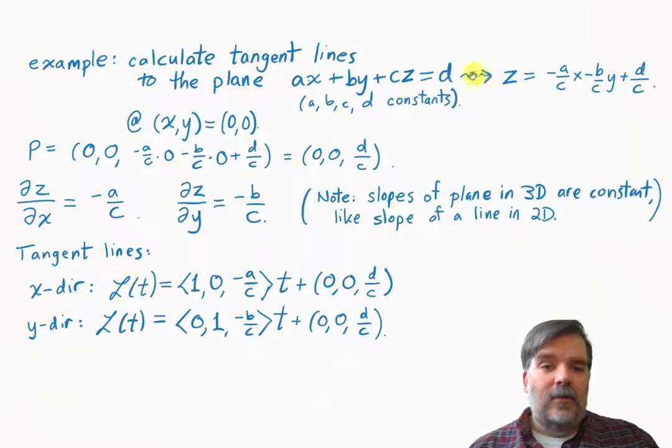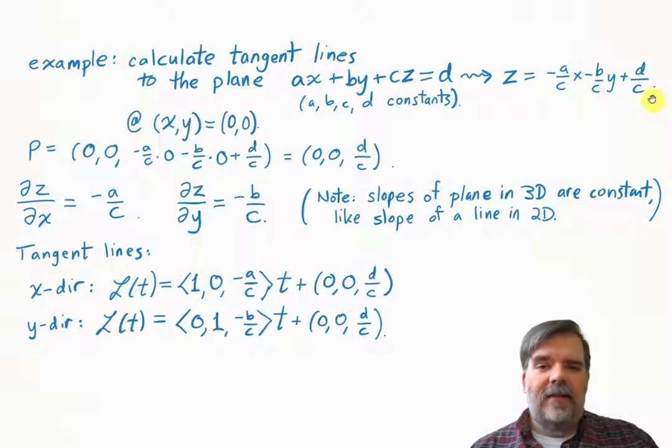Now the first step is to rewrite this expression so it looks like a function, z as a function of x and y. So we need to move the ax and the by terms from the left to the right-hand side. They become negative. And then we divide everything on both sides of the equation by c. And we're left with this function.